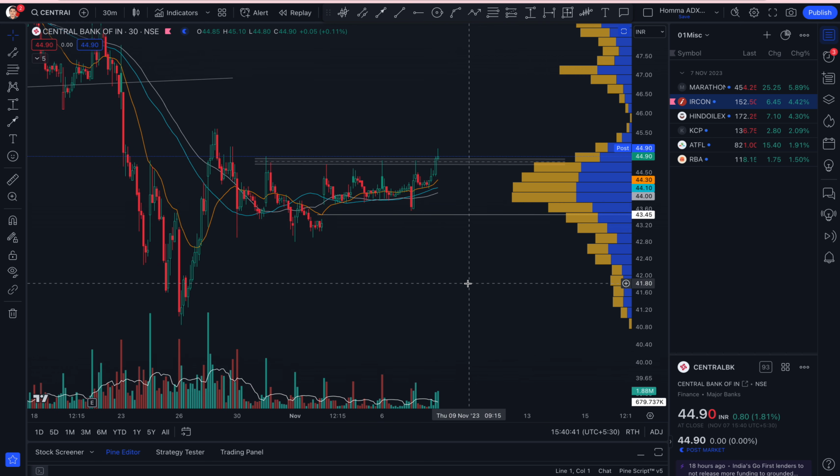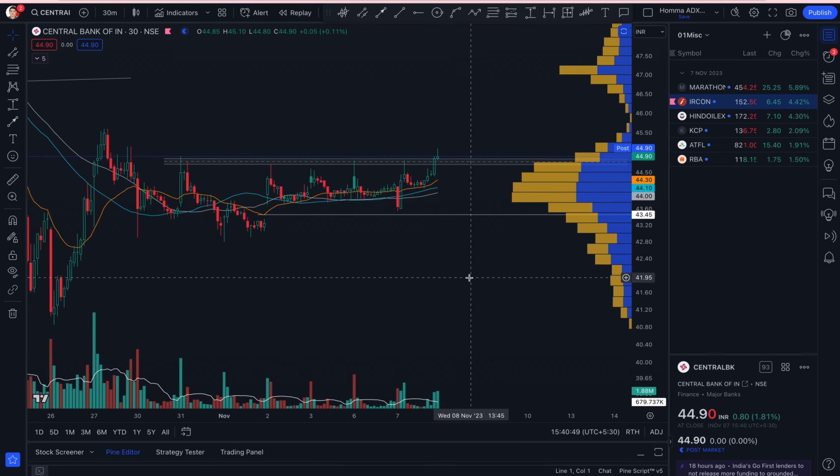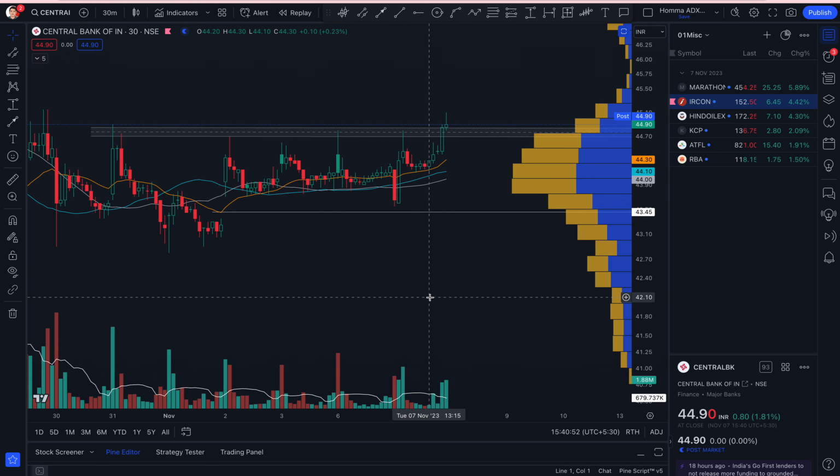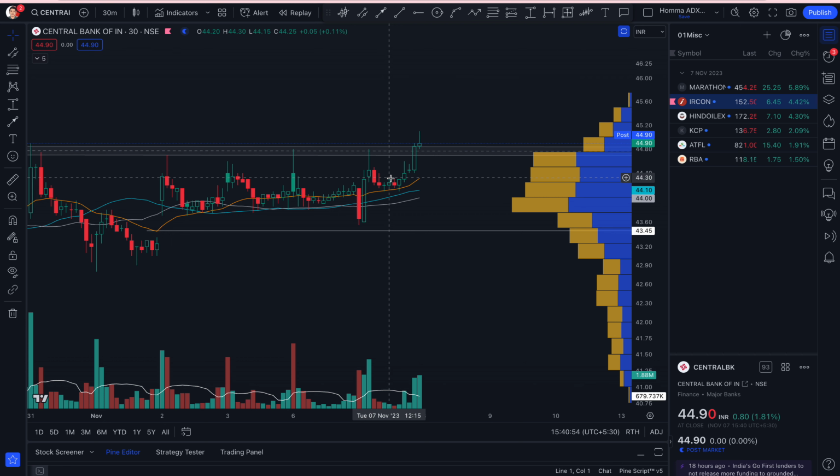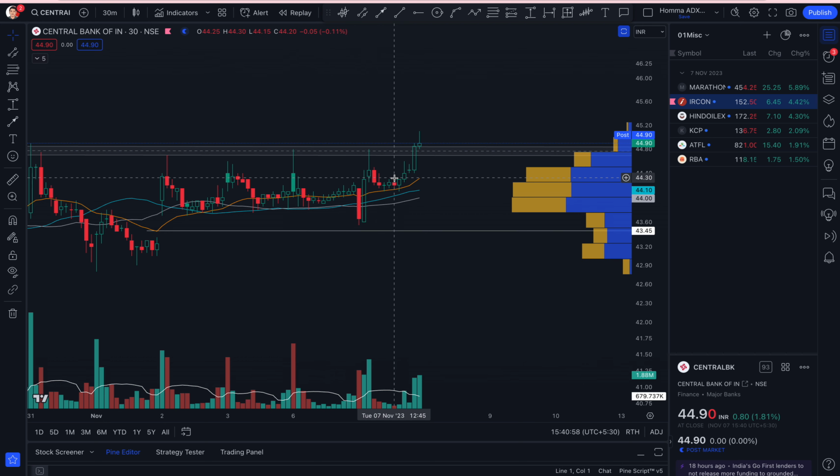Yesterday I had a small position, some 6% position or so, around 44.3, and today I had a slightly bigger position, three times of what I had here, and I was holding on to that on an intraday time frame.